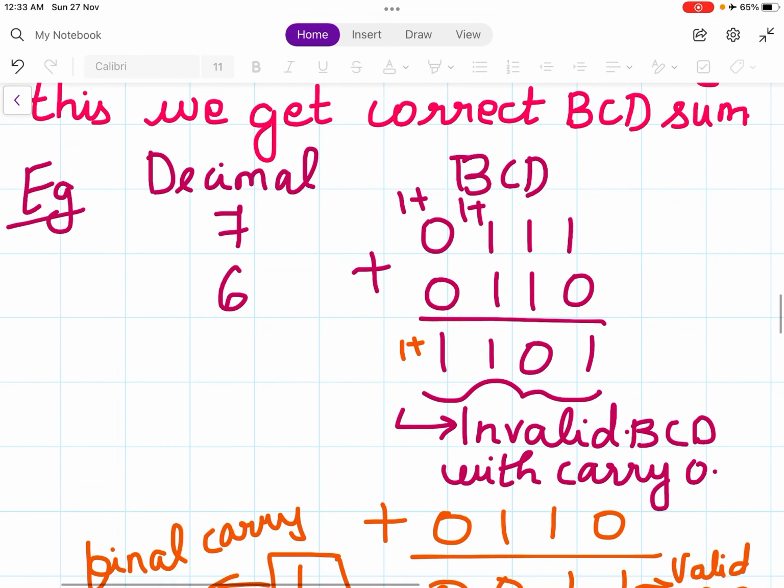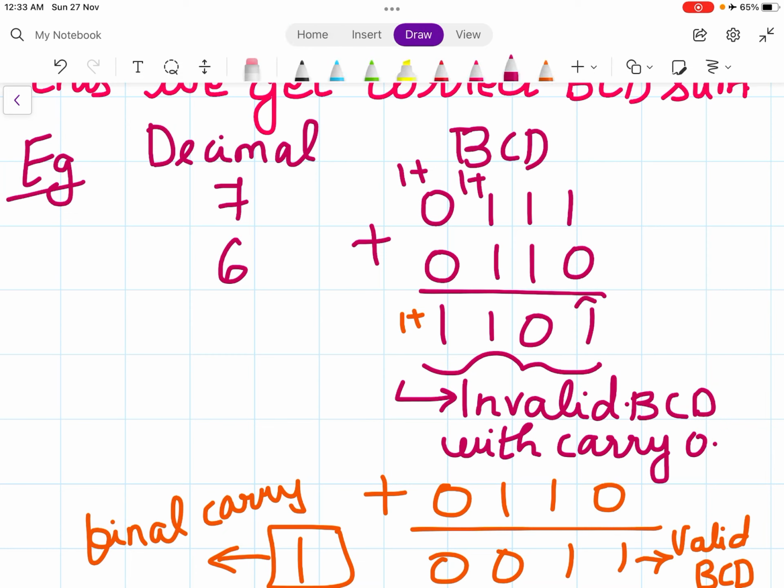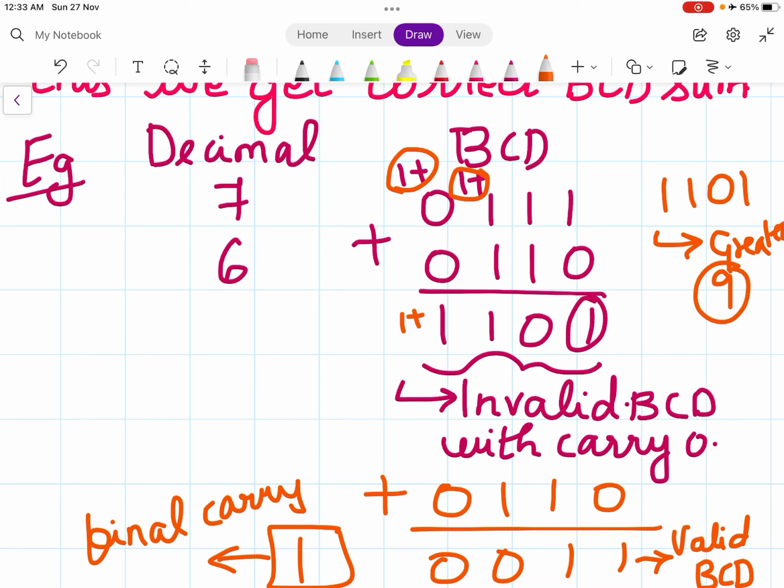So example is 7 and 6. 7 is 0 1 1 1 plus 0 1 1 0. 1 plus 0 is 1. 1 plus 1 is 0, carry 1. 1 plus 1 plus 1 is 1 and carry 1, and here 1. So 1 1 0 1 is greater than 9. So it is an invalid BCD with a carry 0.